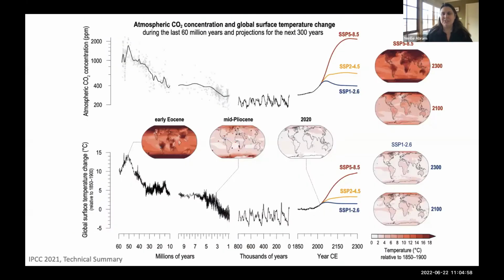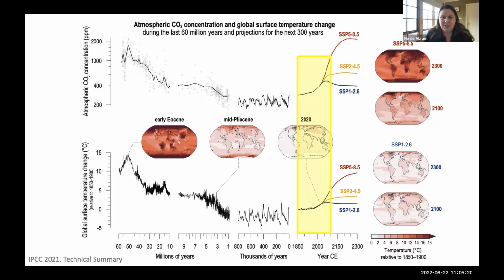Just to put a bit of context, this graph is from the most recent IPCC report, showing atmospheric carbon dioxide concentrations in the top, global surface temperatures in the bottom, and those changes over the last 60 million years and out to 2300.